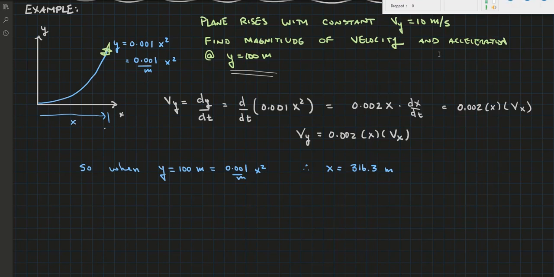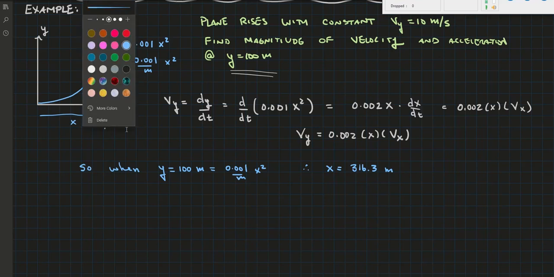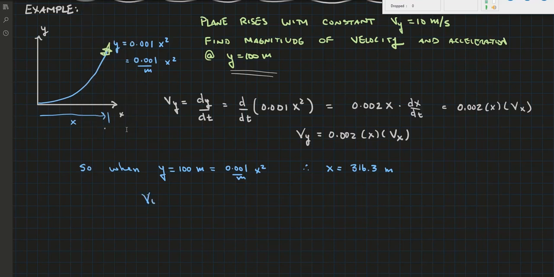Now we do have another piece of information here. It tells us that Vy equals 10 meters per second. So we have a relationship for Vy here now, and we say that this equals 10 meters per second when y is 100 meters, and when y is 100 meters, x is 316.3.